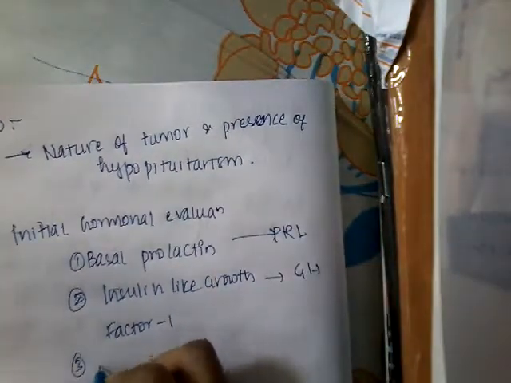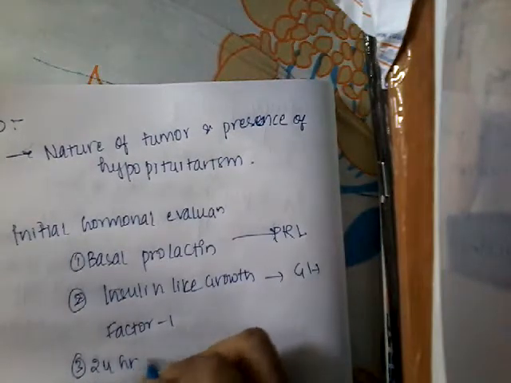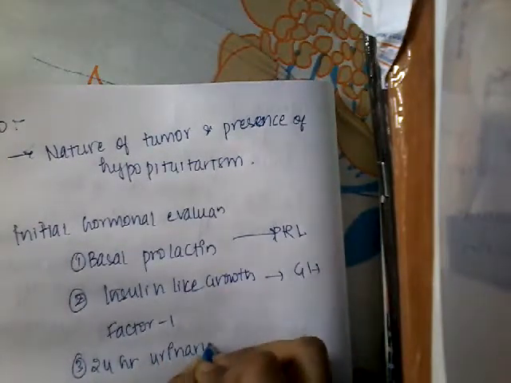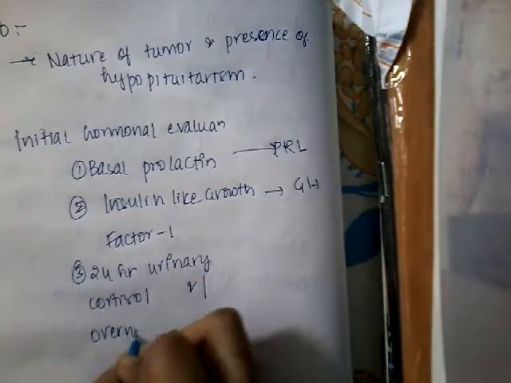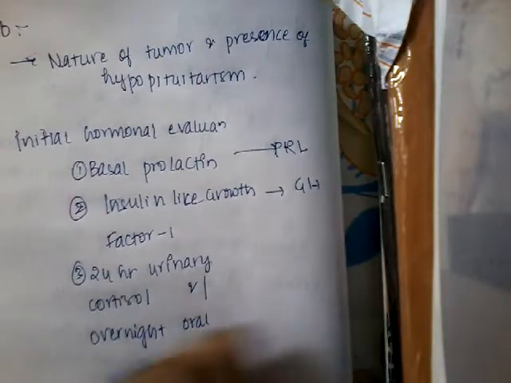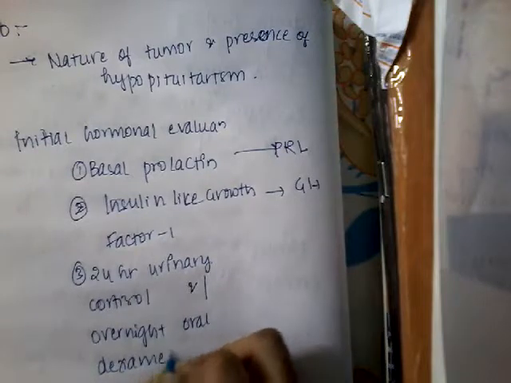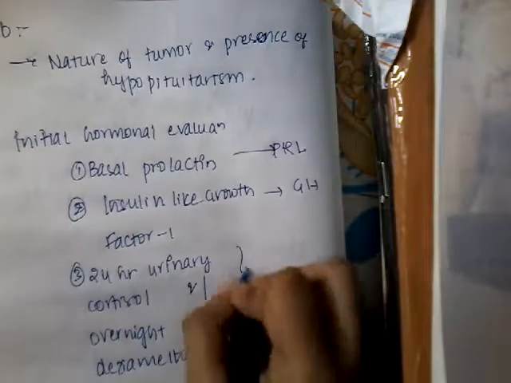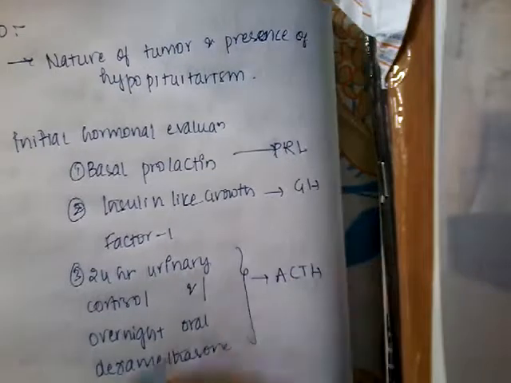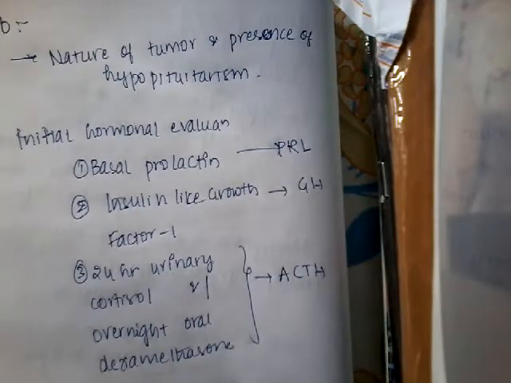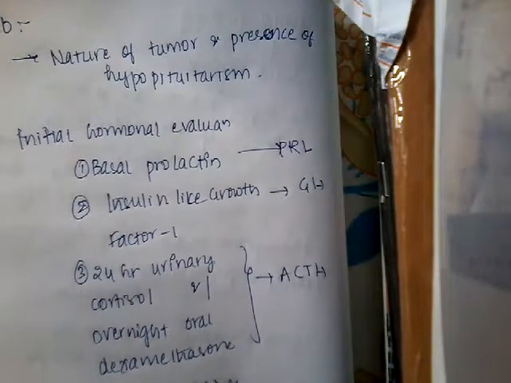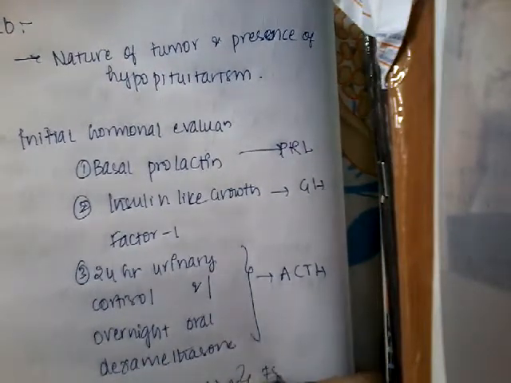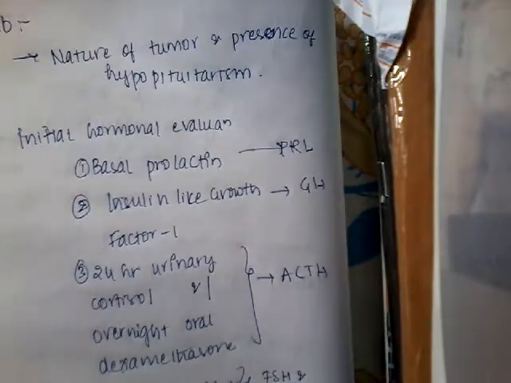And third, you will have to do 24-hour urinary cortisol and or overnight oral dexamethasone. So this test is done for adrenocorticotrophic hormone. And the fourth one is alpha subunit of FSH. Alpha subunit, FSH and LH are assessed for FSH and LH levels.